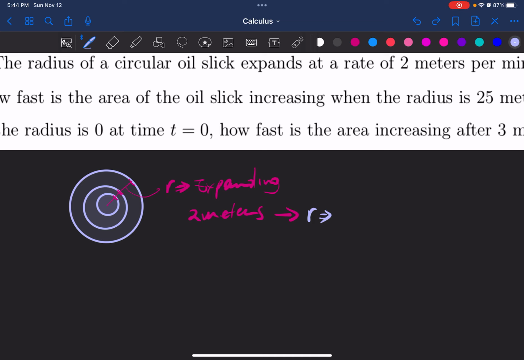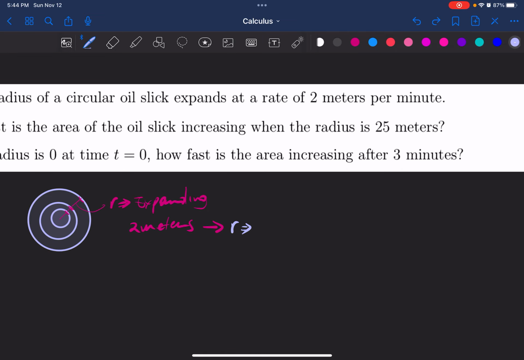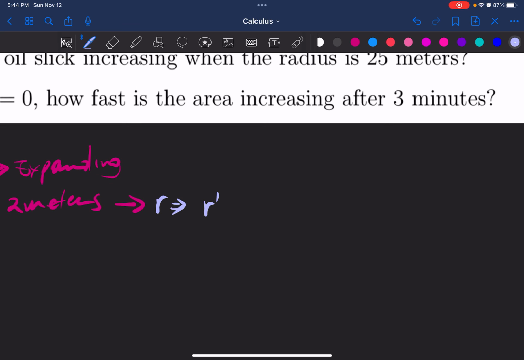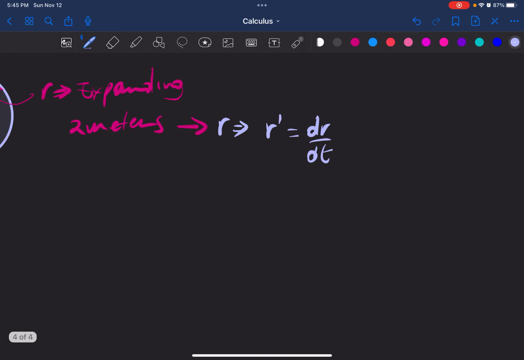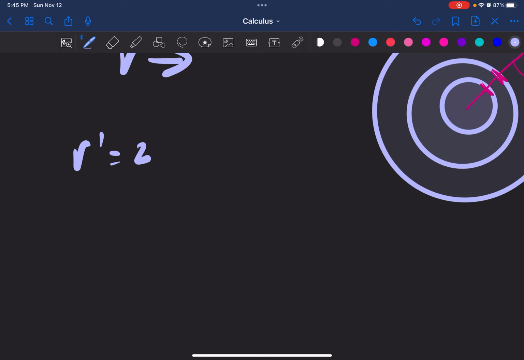So here I can immediately come to the conclusion that the rate of change of the radius gives me r prime, which is the same as dr/dt, because we're changing the radius 2 meters every minute, right? So with that in mind, r prime is equal to 2 meters per minute.